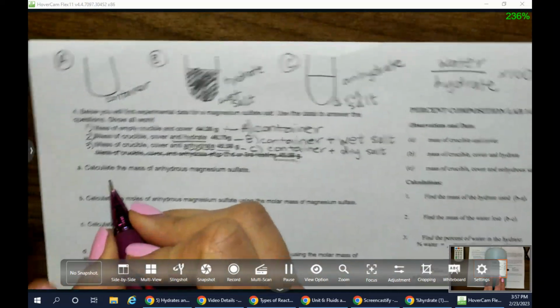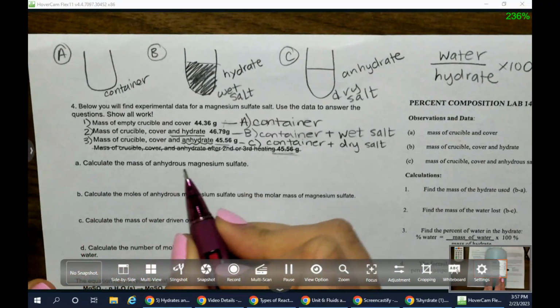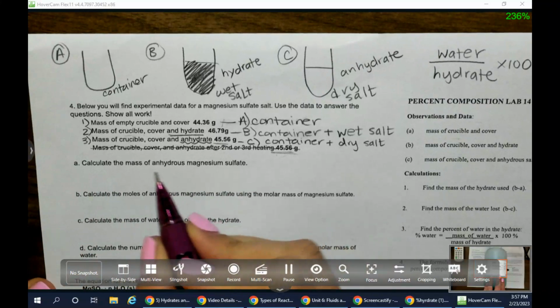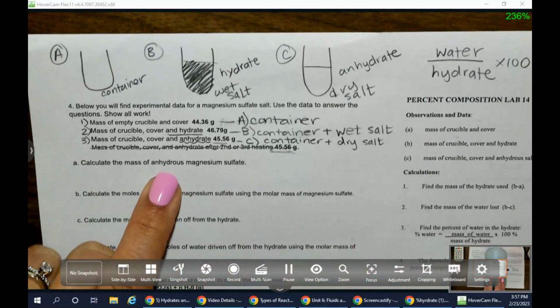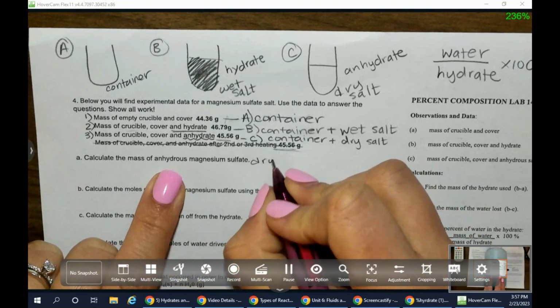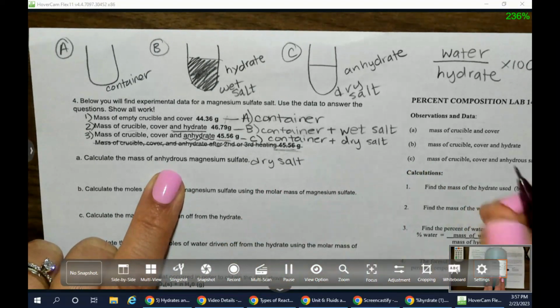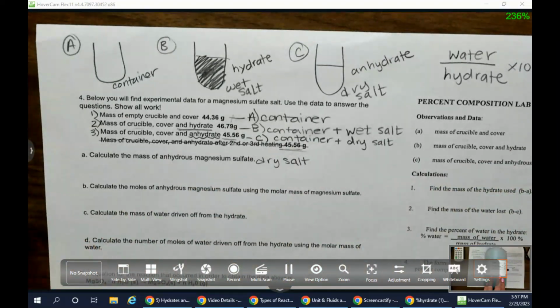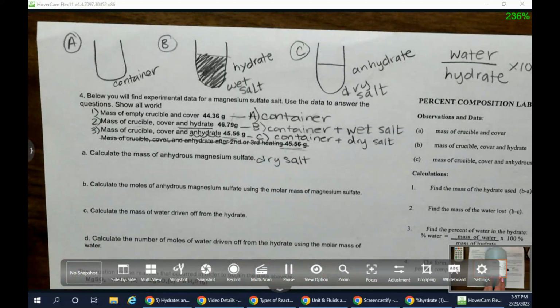Let's go ahead and write out what we're actually doing. So calculate the mass of the anhydrous magnesium sulfate. So anhydrous means which one? Dry salt. Good. So we're trying to figure out how would I calculate dry salt from my pictures and from the data. You can say A, B, or C, subtracting something, adding something. What do you think?